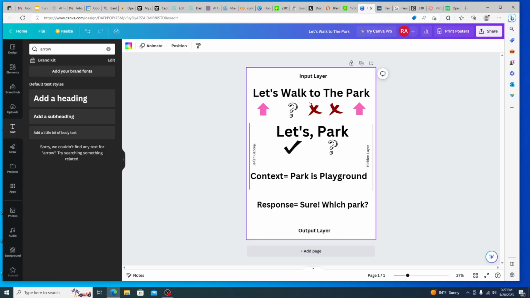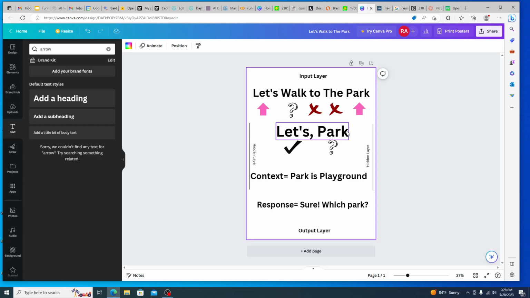It has some flexibility and also some built-in instructions. Based off of everything it has, the built-in instructions tell it to pick up on the word let's, so that it knows it's talking about me and you, and then park. It's not sure if it needs walk within the equation, and then it decides that it doesn't need to, and the, so those get dropped.